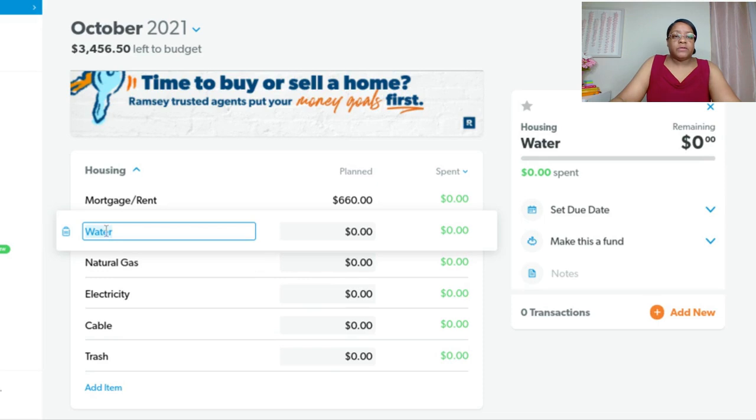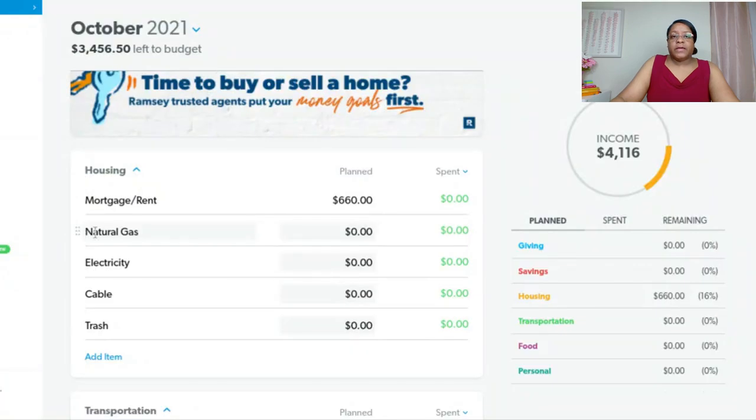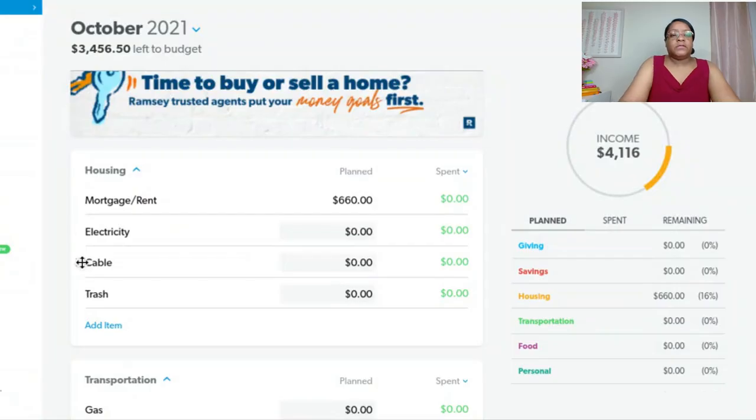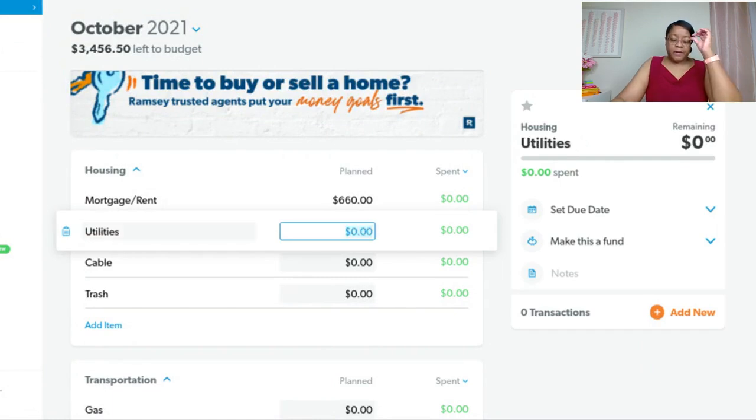So I am going to get rid of the water line, the natural gas, and I'm just going to call this utilities. Let's see if I can spell. And so typically in that apartment, my utilities ran about $140, so much cheaper than they are now.